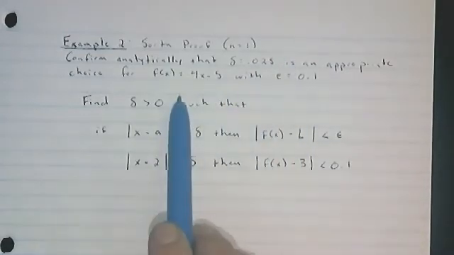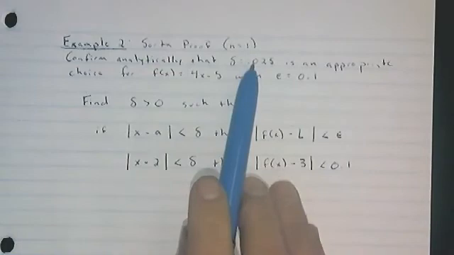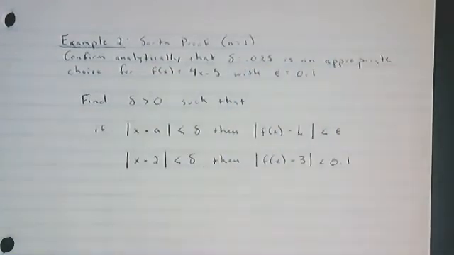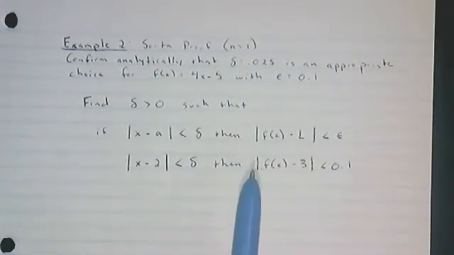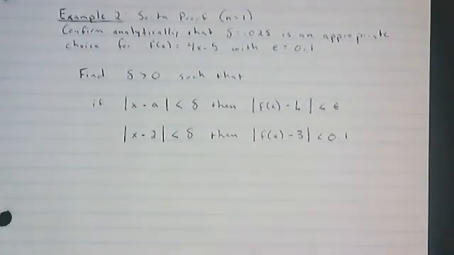So we're going to verify that 0.025 is an appropriate choice and then show that if you have it within that 0.025, you'll always be within 0.1. It seems like trickery, or deconstruction. But as we do a couple of these, I think you'll get the feel of it.